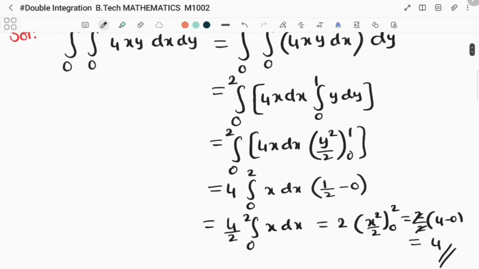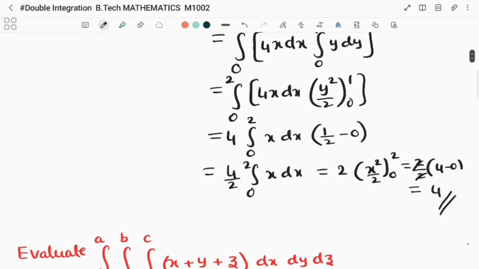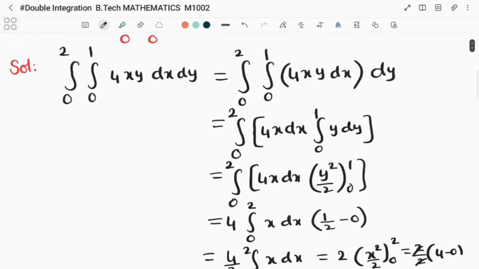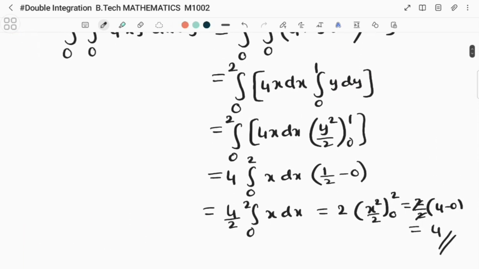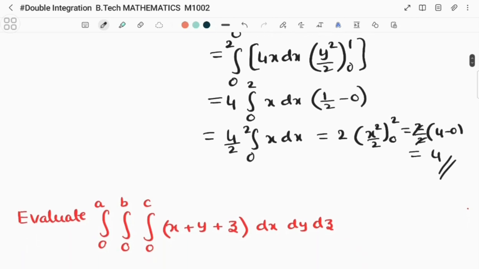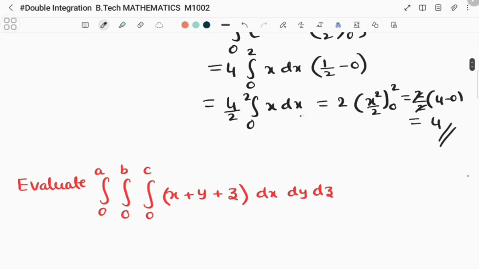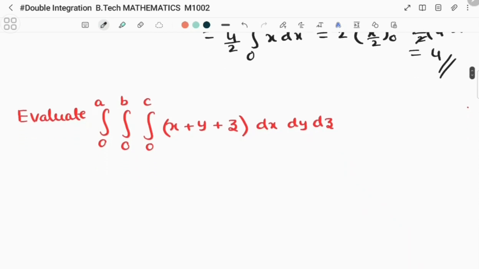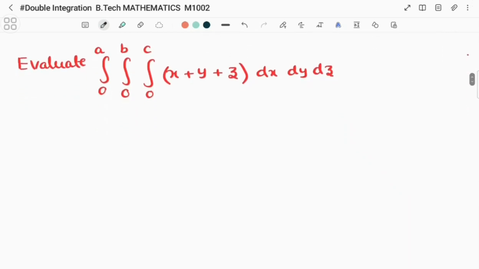So first, the given integral is integral 0 to a, integral 0 to b, this is triple integration, integral 0 to c. The function is in terms of x, y and z: x plus y plus z into dx dy dz. So here variable by variable we are doing integration. That's all, dear students.